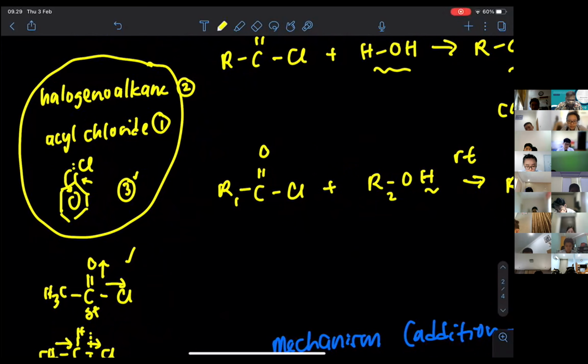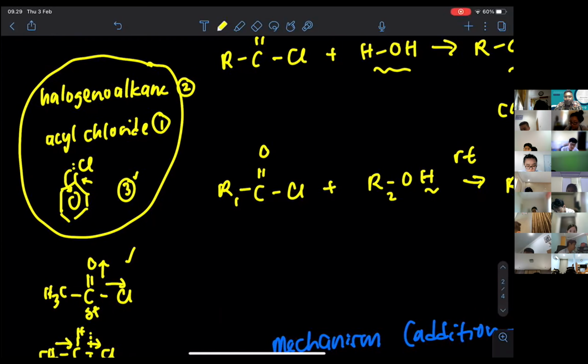But if it's electrophilic attack, it's the other way around. For electrophilic attack, you need not worry about halogenoalkane because halogenoalkane will undergo nucleophilic substitution reaction. And acyl chloride will undergo the reaction that we are going to discuss, addition-elimination reaction. But when we are talking about electrophilic substitution, then you compare with other compounds.